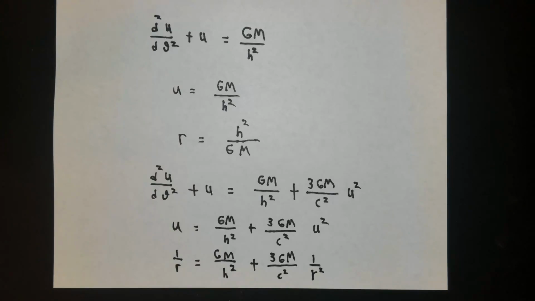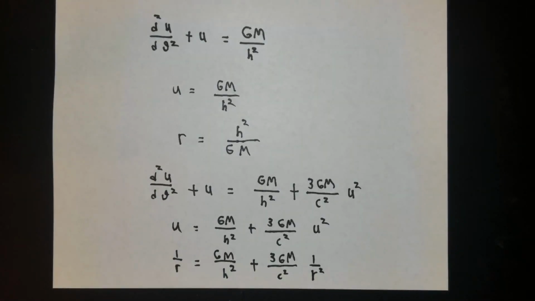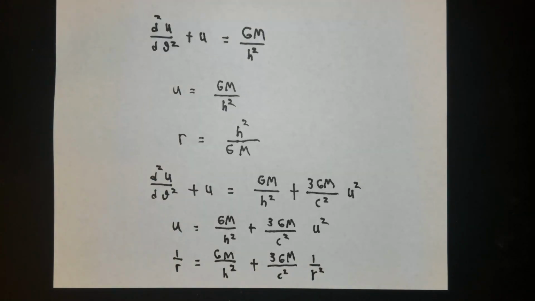Taking advantage of this fact and writing that u is equal to 1 over r, we are led to this equation. To make this a little bit easier to deal with, I'm going to multiply through by r squared to get rid of the variable in the fraction part of this problem.